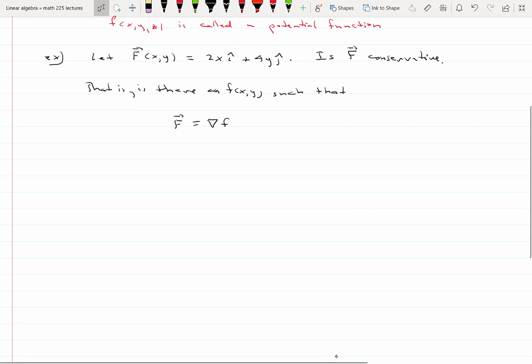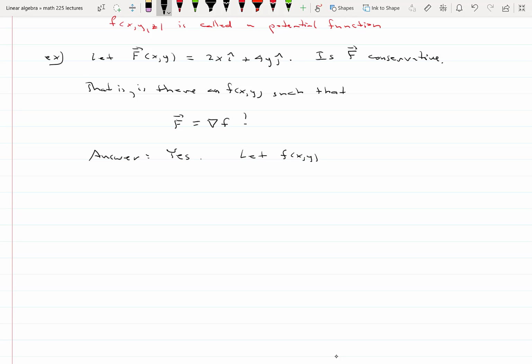Well, the answer is yes. We're going to spend some quality time figuring out how to determine whether it's yes or no and how to construct that potential function. But right now, let's just take a look at a solution.